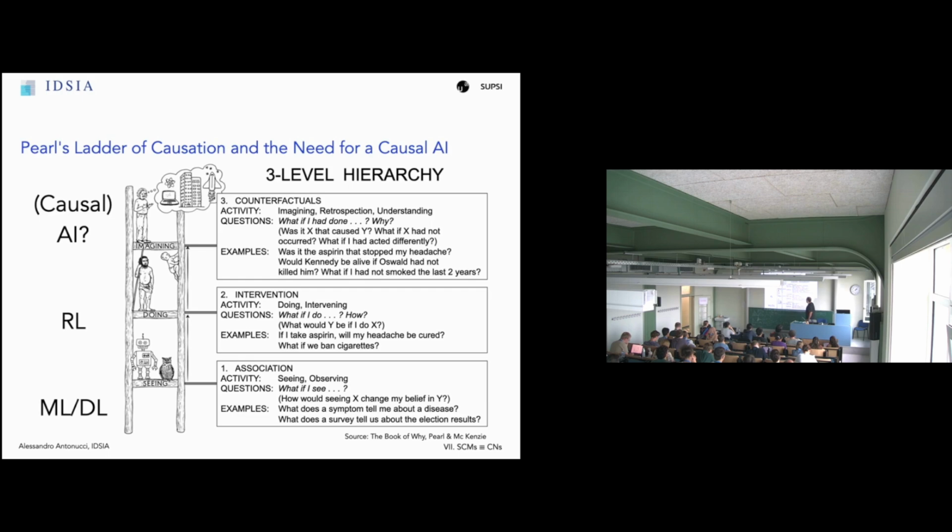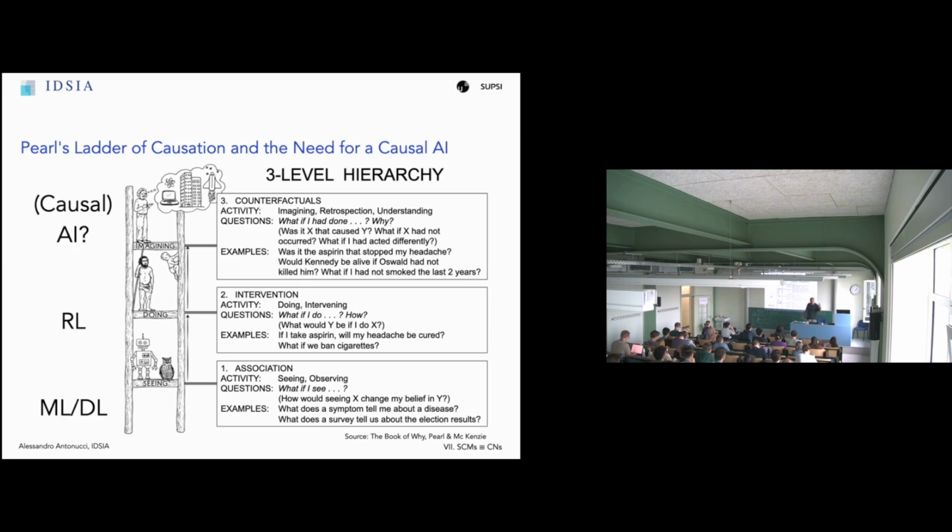In the lowest level of this ladder, we cope with observational information. We collect data from an observational study or whatever, and we already discussed what we can do with this study. We can learn a probabilistic model, and we can use it to answer predictive queries, for instance, correlational queries. But when we discussed machine learning and deep learning, this is very good for technology.